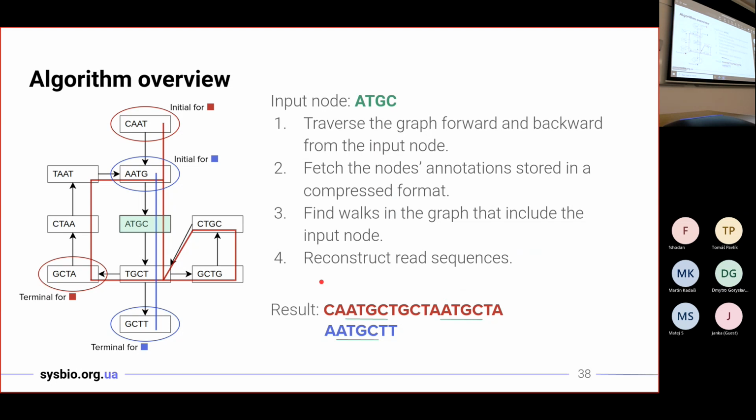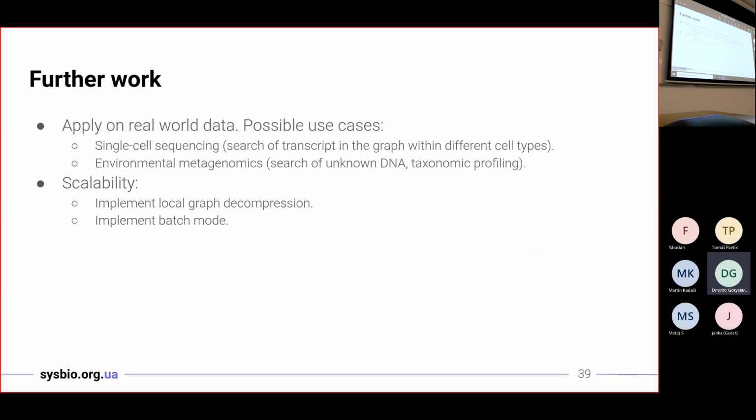What's wrong with this approach is that the graph is being traversed completely, and if we deal with very large graphs, it is highly inefficient to traverse them completely. That's why further work implies improvements in scalability.